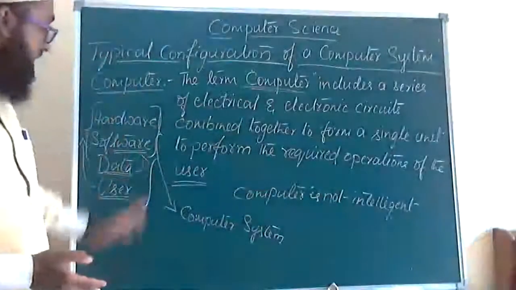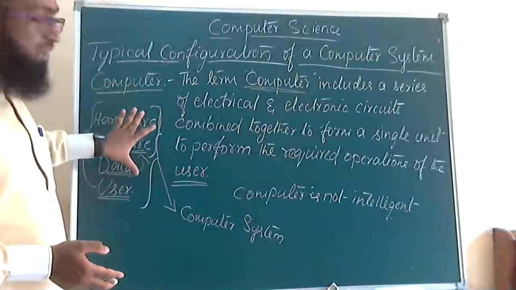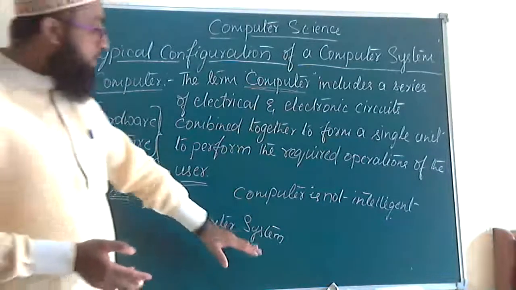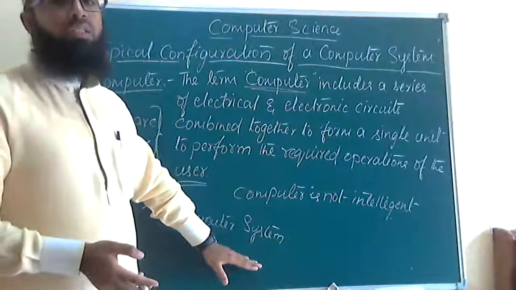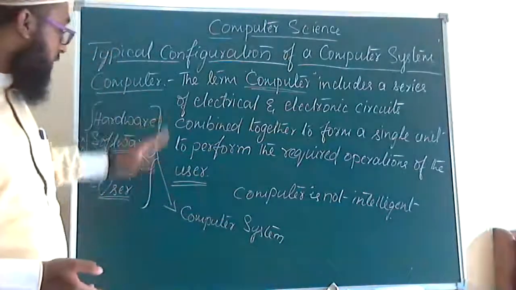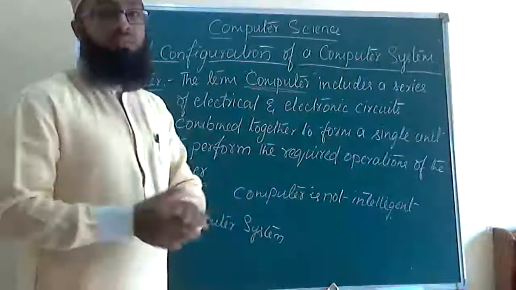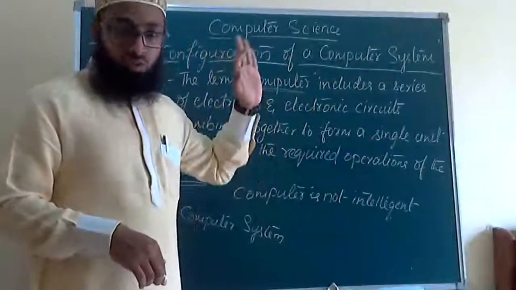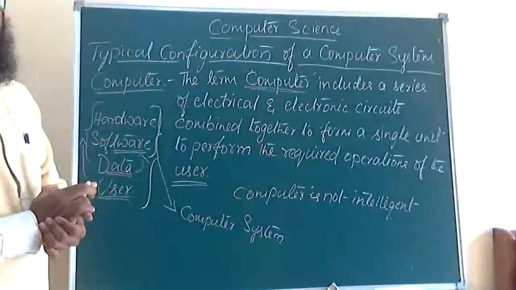It should have these things. If any one thing is missing or skipped, then it will not become a computer system. Only by having all these things will the computer become a complete unit. Understood? This is the definition of a computer.